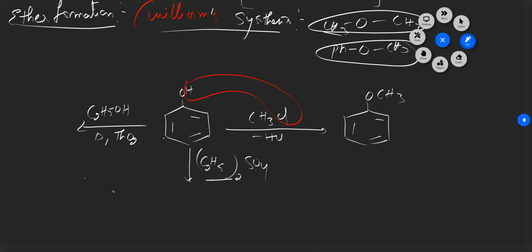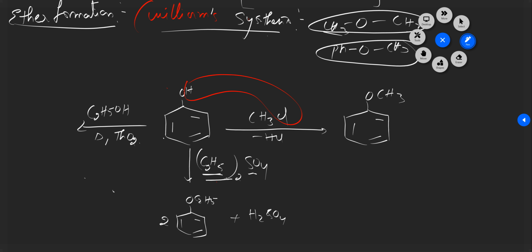One SO4 is going to form H2SO4. The byproduct is H2SO4. Then in place of H, what's going to be added? C2H5, OC2H5. We take 2 moles because two alkyl groups are there, and two alkyl groups substituting hydrogen is called forming ethers.